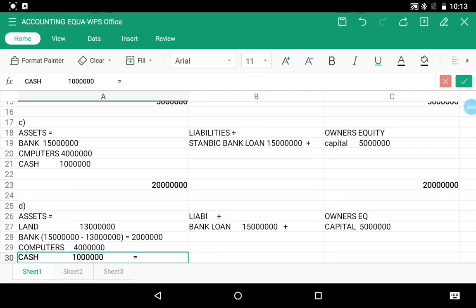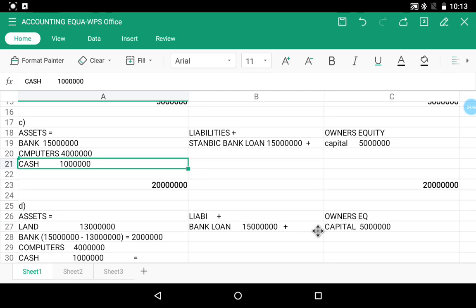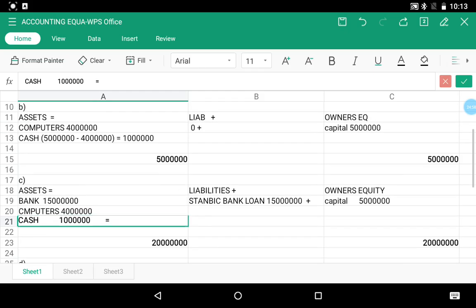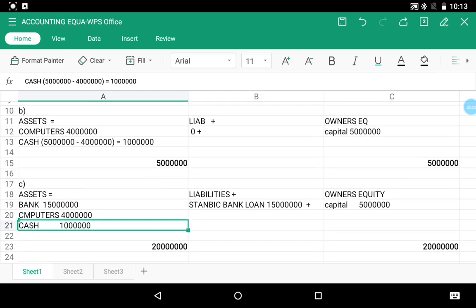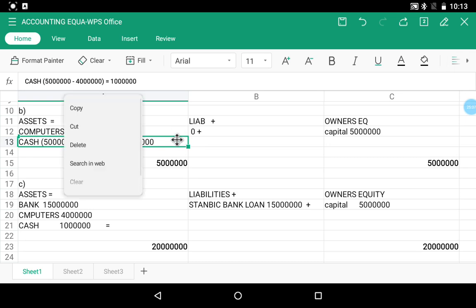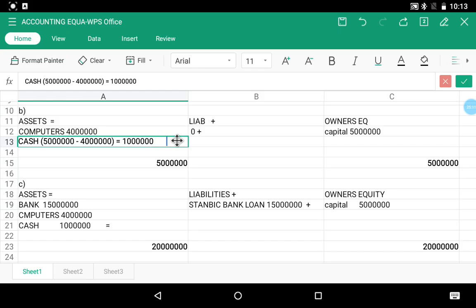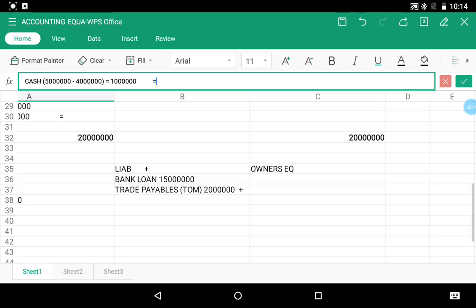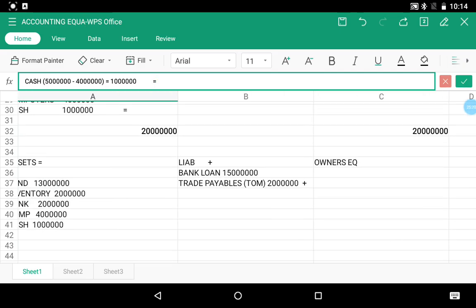That means here we are going to get our liabilities plus owners equity.